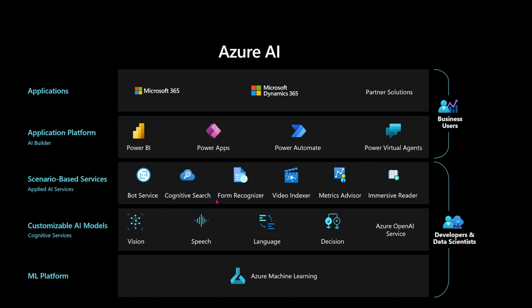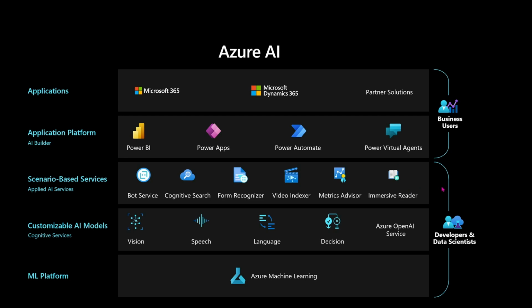And there are other tools as well, such as form recognizer and video indexer, which can essentially give you analytics from video clips, and it can even detect celebrities and even perform transcription and translation, whereas form recognizer can help break down unstructured data. It can detect tables, it can detect some sort of key value based pairs in documents. For example, a PDF that you might have scanned, it can extract all the contents from that particular PDF. So these are scenario based services.